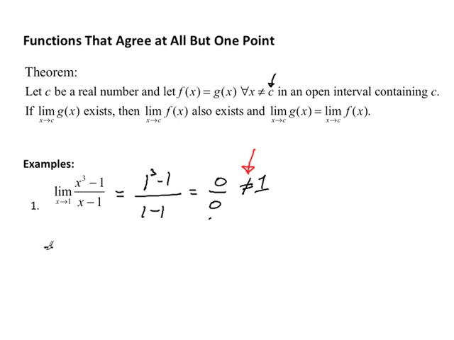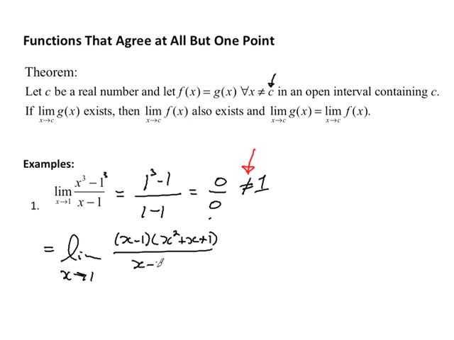So x cubed minus 1 factors, I better put this limit back, the limit as x approaches 1 of x minus 1 times x squared plus x plus 1. That's the factorization of the difference of cubes, because x cubed minus 1 is the same as x cubed minus 1 cubed, because 1 cubed is 1. So there's a factorization for it, and then I have the denominator still x minus 1.